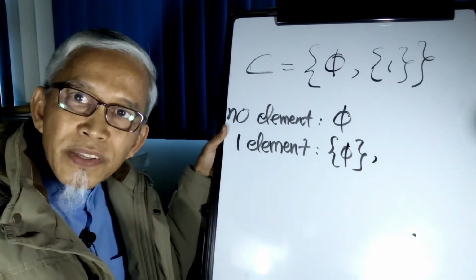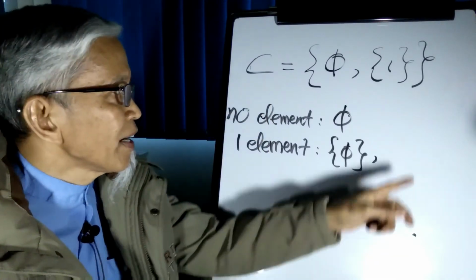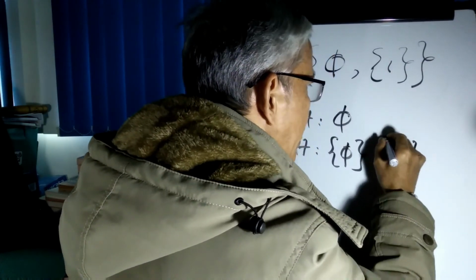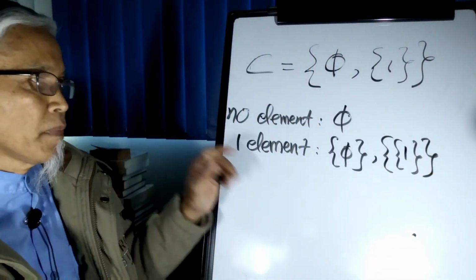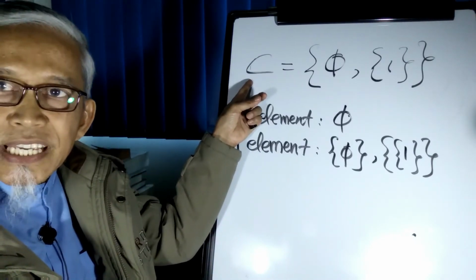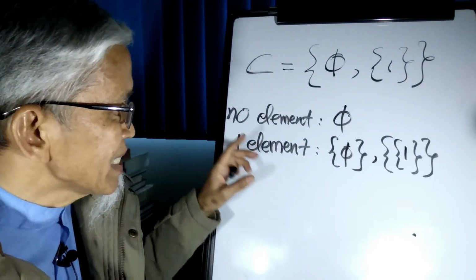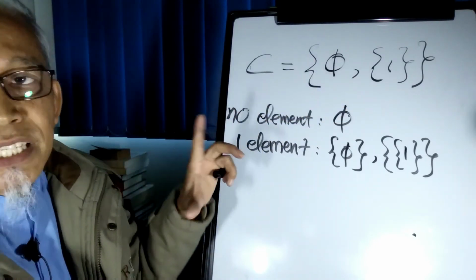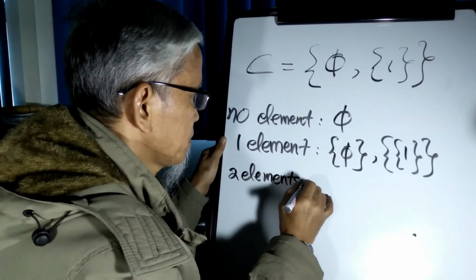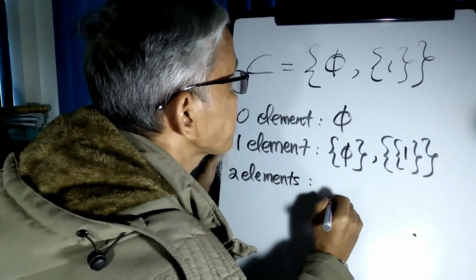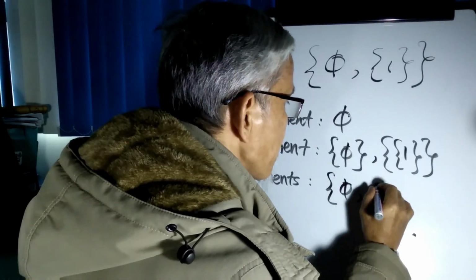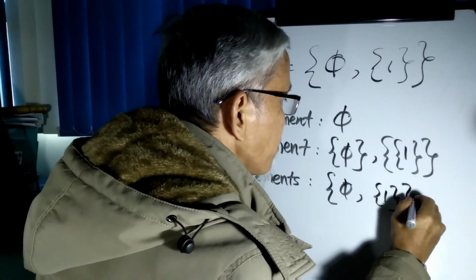Do we have any more subsets of C with one element? Yes, this one also. So we have one like this and write it in brackets like that. Now, can we have the subset of C with 2 elements? Yes, of course, the set C itself. So with 2 elements, we have set C itself. So we copy set C like that.